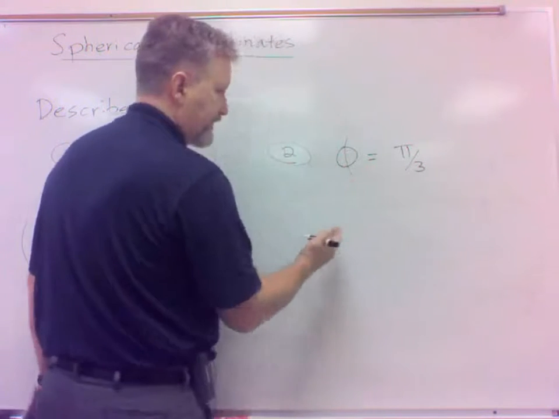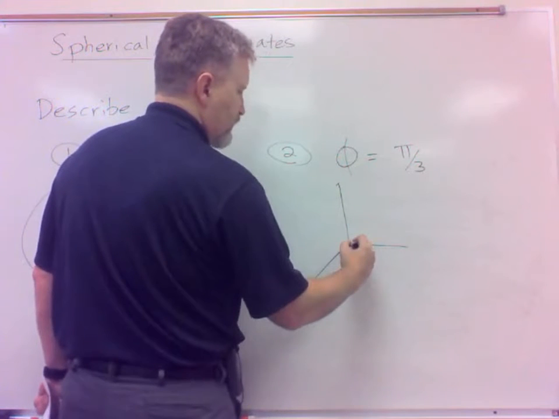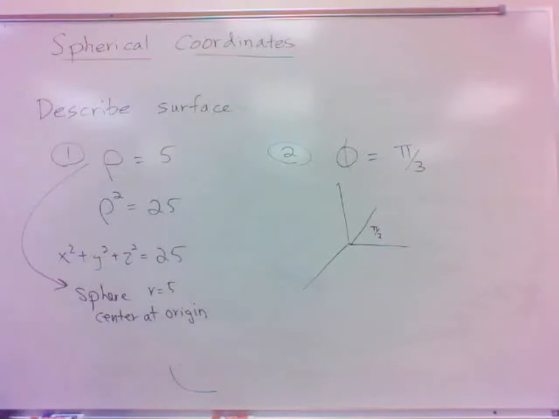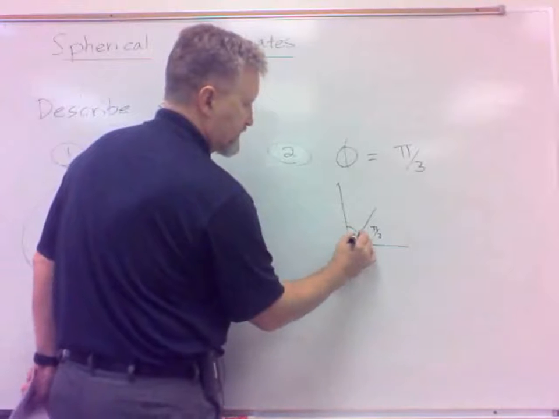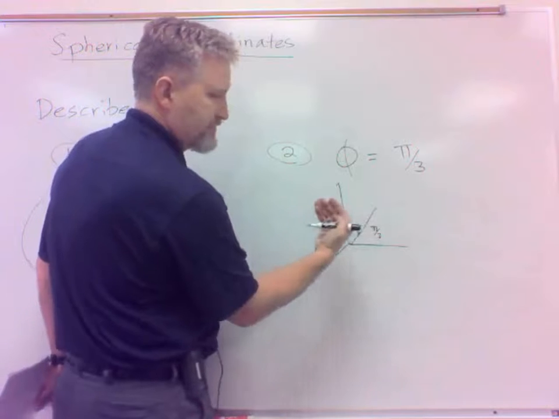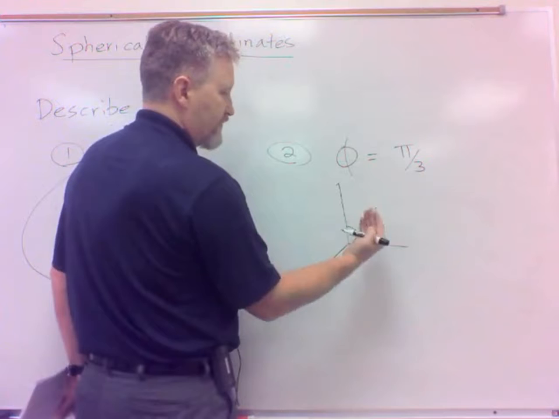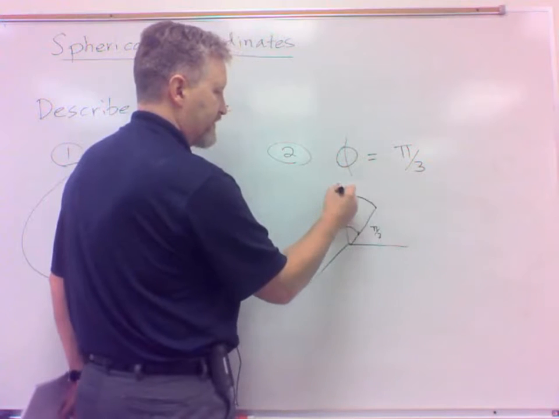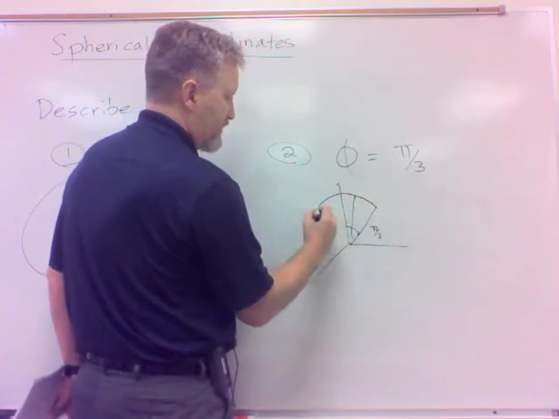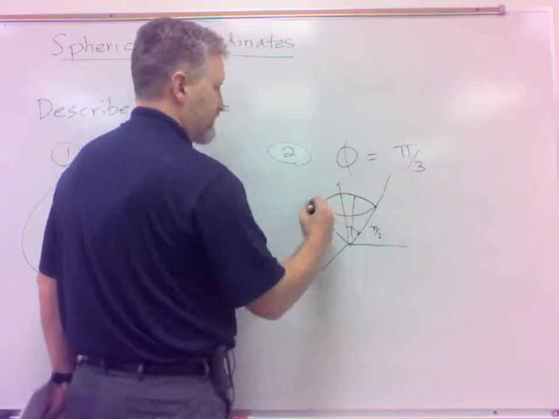So we're talking about all of these points where we have an angle of pi over 3 from the z-axis. If you go around with all those angles, same pi over 3, rotating out that way and then this way, what we wind up getting is a cone, because you can just keep those going.